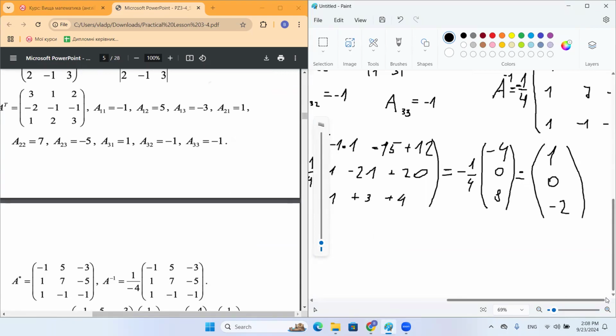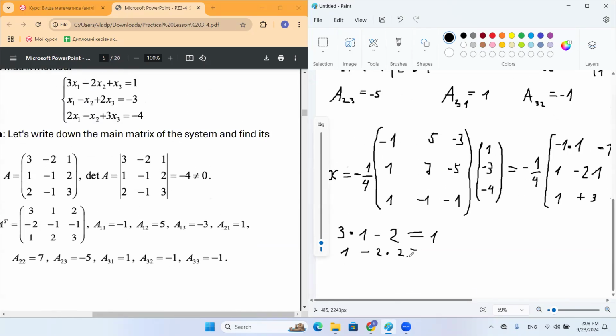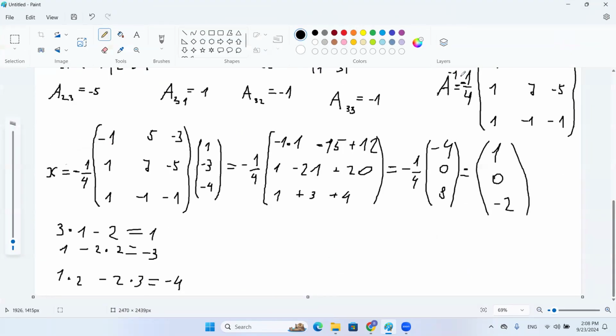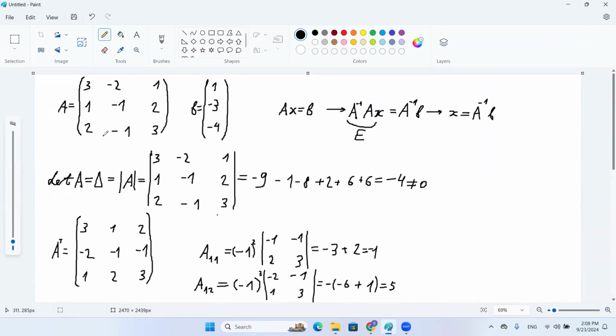This is the answer. Thank you. So -3 and 1 by 2, minus 2 by 3 is -4. So we verified the result is correct. The other way to verify is to multiply your inverse matrix by the initial matrix. Spend some time to do it when doing your individual tasks, just to be sure that everything is correct.